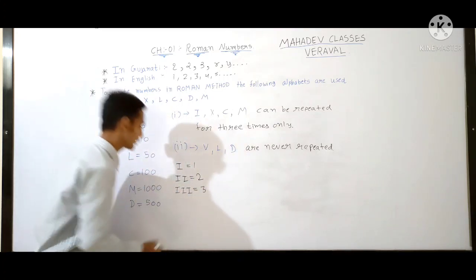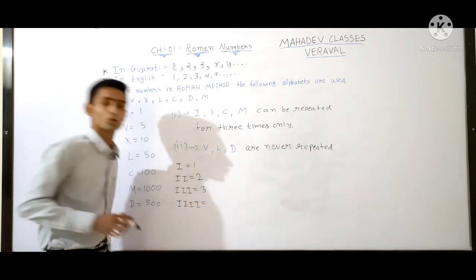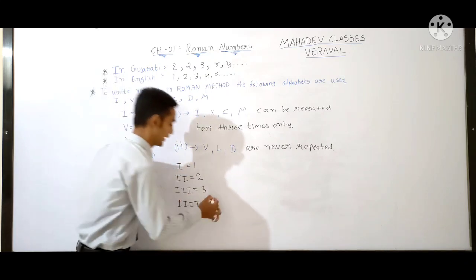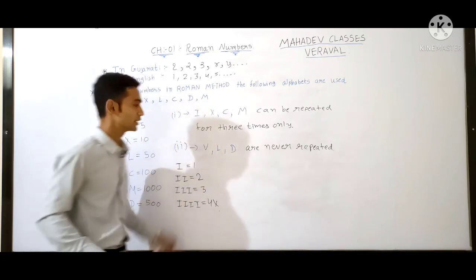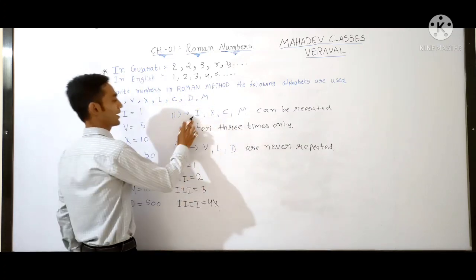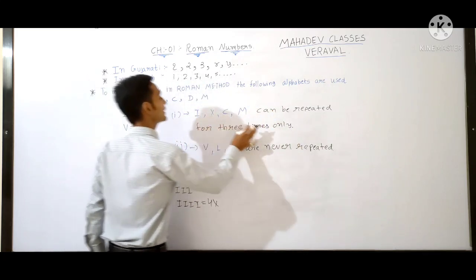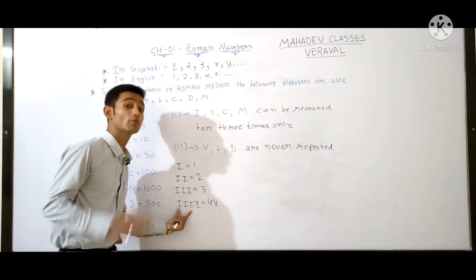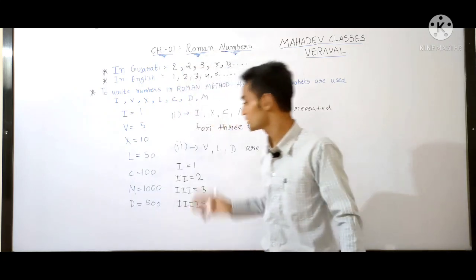Now what will happen if we write I 4 times? Do you think it is the Roman number of 4? No, it is not, because you have to understand the rule first. Rule number 1 says I, X, C, M can be repeated but only 3 times, and here we have written it 4 times, which is not possible. Then how can 4 be written?